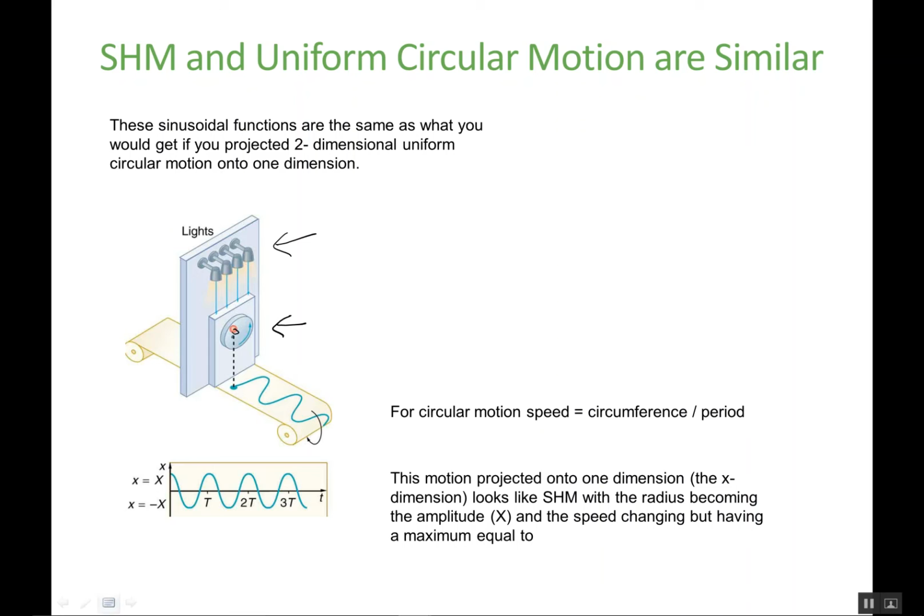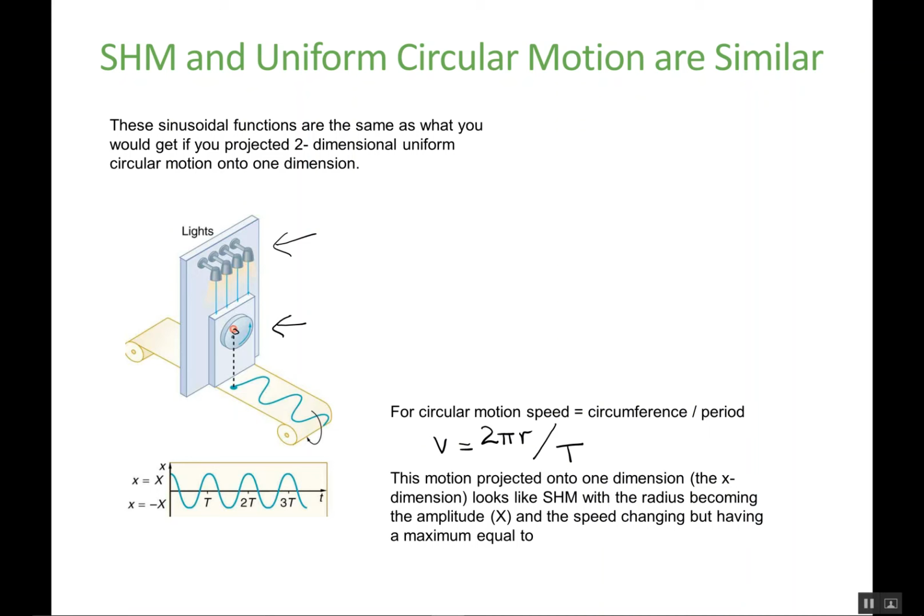So what this actually allows us to do is take something we know about uniform circular motion and apply it to the case of simple harmonic motion. And that thing that we know allows us to write down an equation for the speed, or more specifically, the maximum speed of a mass undergoing simple harmonic motion.